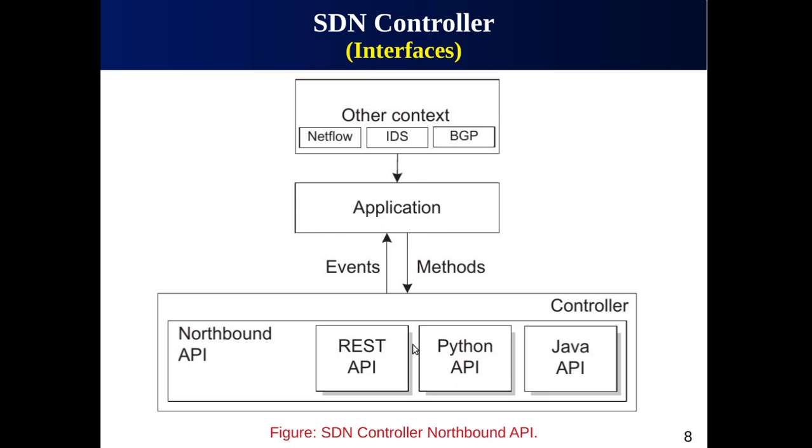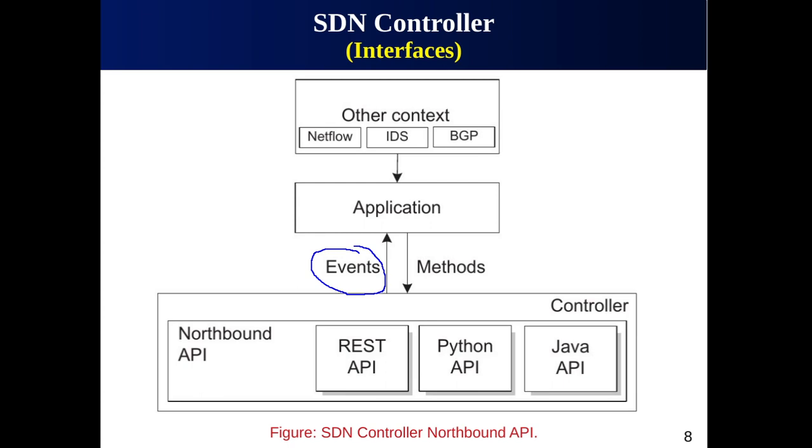In some cases this API could be a low level interface, or in other cases a high level interface. But in both cases, the controller informs the applications of different events. From the controller to the applications, the communication is in the form of events.